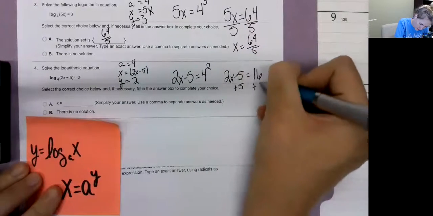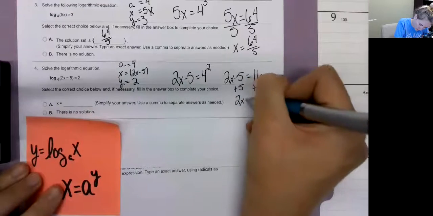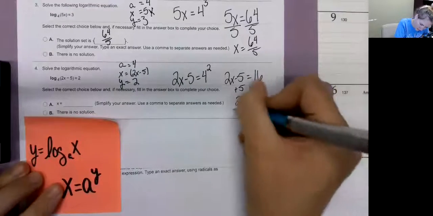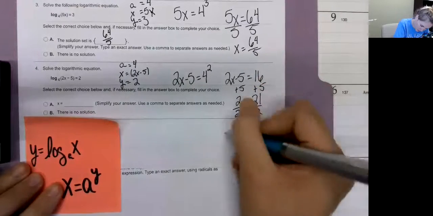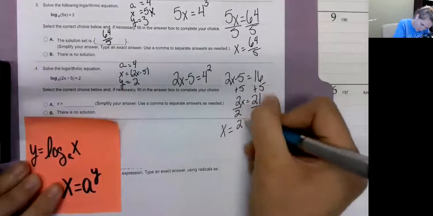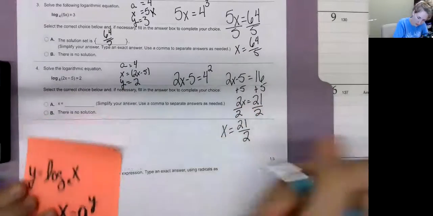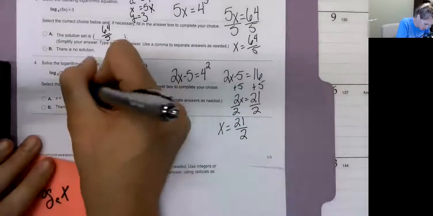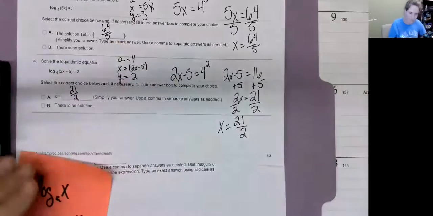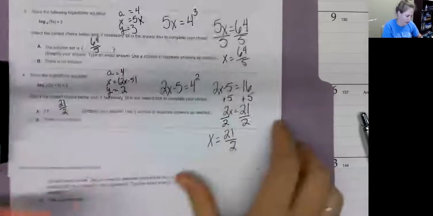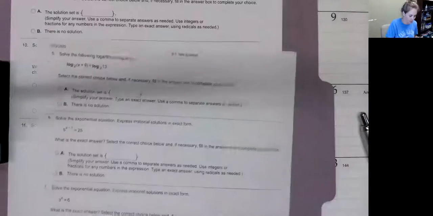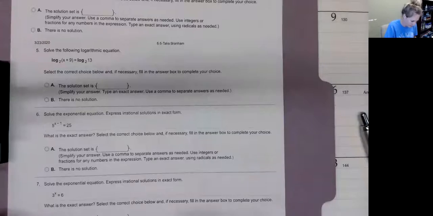Solve for x. 2x equals 21. Divide by 2. x equals 21 over 2. That doesn't reduce. That's the first 4. And there's only 11 questions on this assignment.